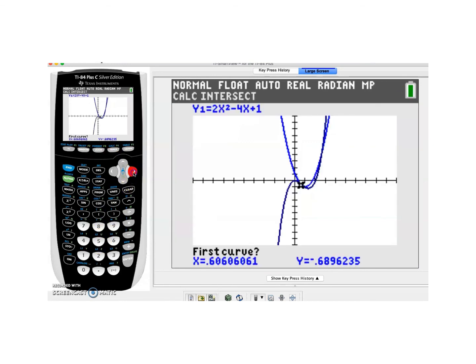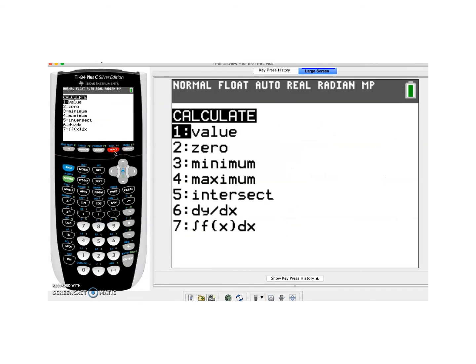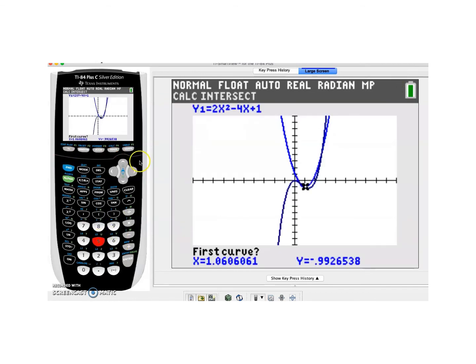I'm going to move the cursor closer to where it happens, though. Hit enter, enter, enter. And there I have another point at (1, -1). And one more time, option 5. Move it far to the right. Enter, enter, guess. And there is our third point, (2.61, 4.24).